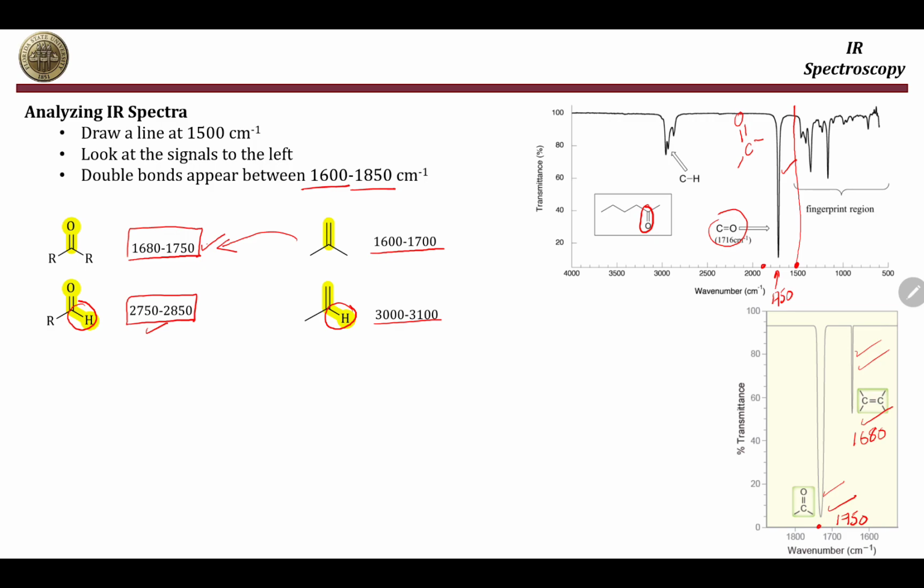We need more information. Once you're done with this region, you have to look at the other region, between 2600 and 2800. If there are any peaks here, then this means that there is a triple bond. If there are no peaks, then there is no triple bond. Usually those peaks which appear before 3000, between 2800 and 3000, don't tell us that much, because basically those correspond to any carbon-hydrogen bond.